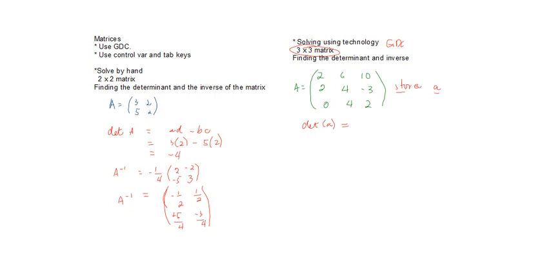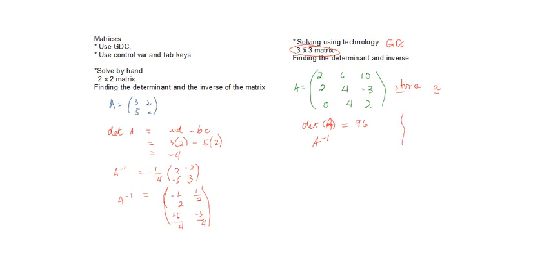Okay, you have time. Try to work on this. You may pause this and then find the determinant. Okay, the determinant is 96. Now to get the inverse, you may just type in the inverse of A. Of course, in your paper, you write determinant of A, with a capital letter because that's the name of the matrix.